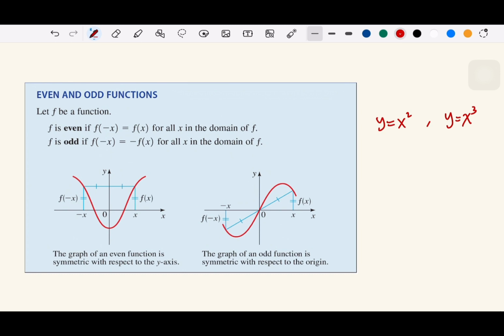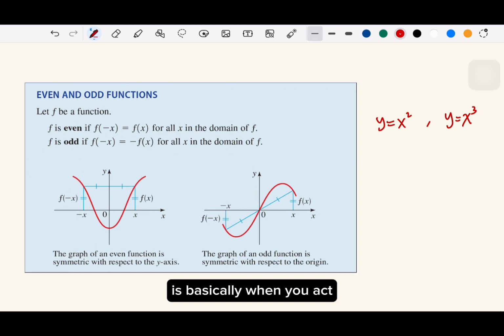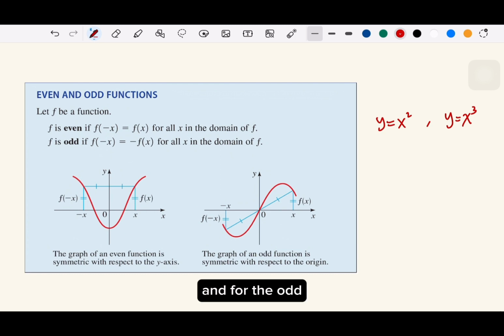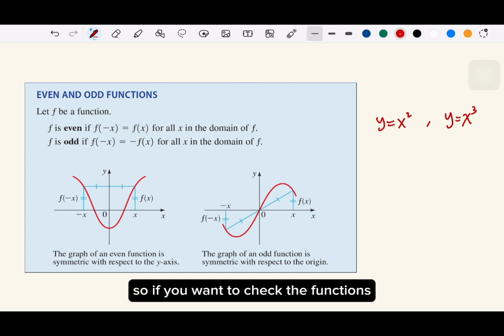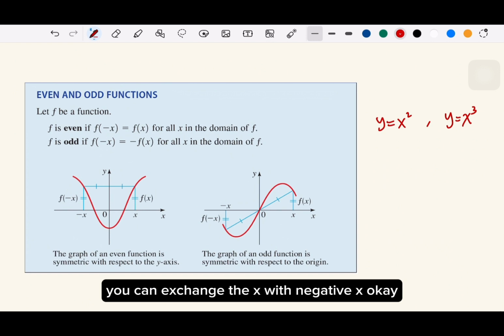So what the even and odd says in this theorem is basically that when you plug in negative x, the even function is going to be positive, and for the odd, it will be a negative function. So if you want to check whether a function is even or odd, you can exchange the x with negative x.